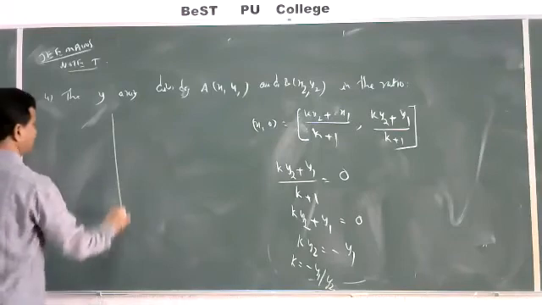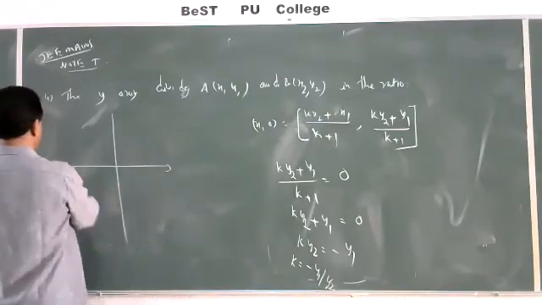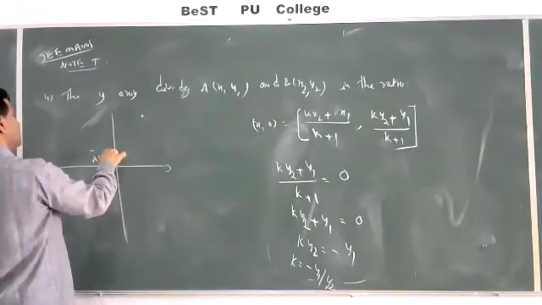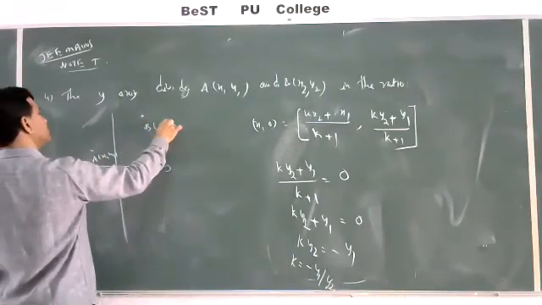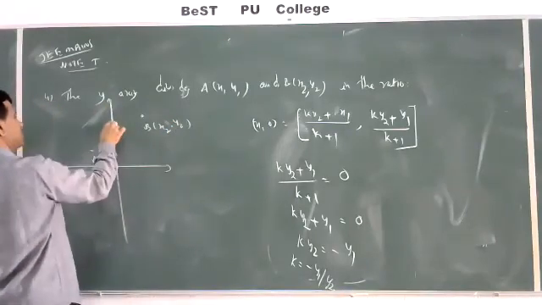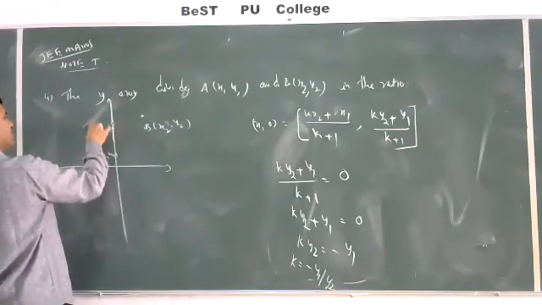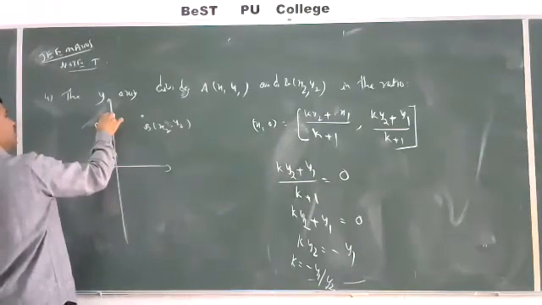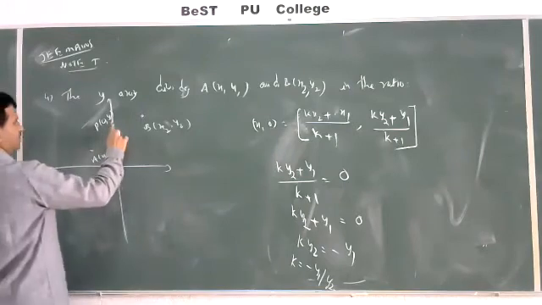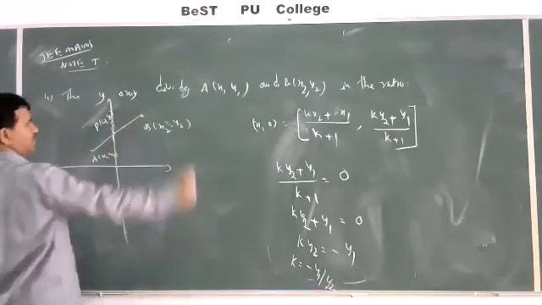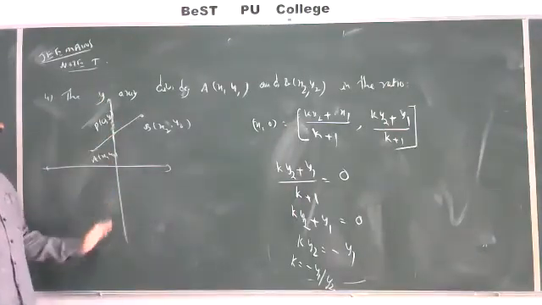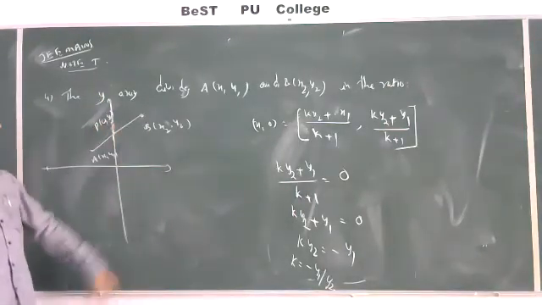See this one. Take any two points, A(x1, y1) and B(x2, y2). Let us choose one point on the y-axis, P(0, y). We have to find the ratio in which the y-axis divides, that is AP by PB.